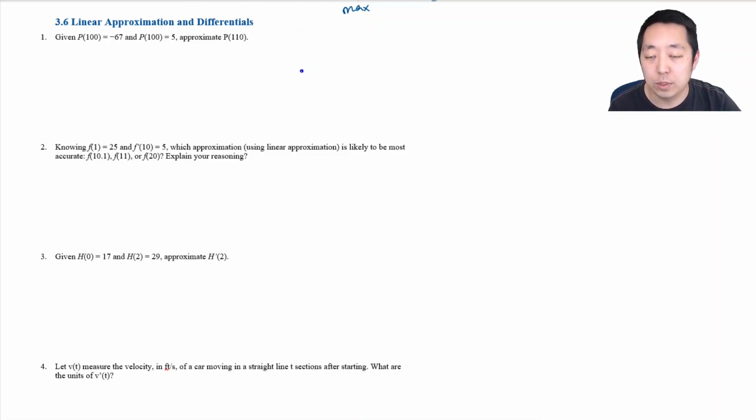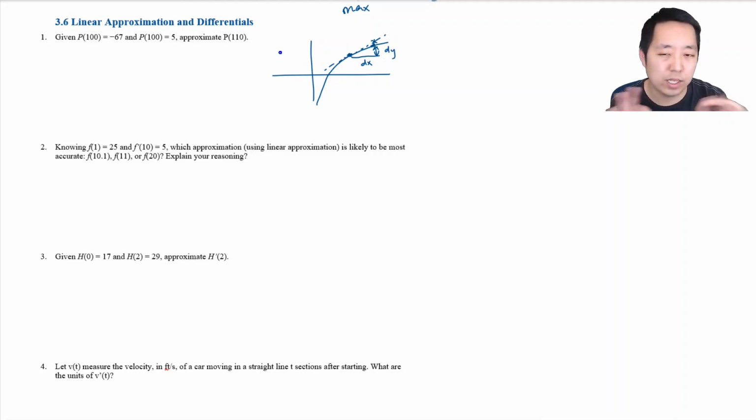So as an example, say I'm trying to estimate the value of a function, say around here. But I only know the derivatives and stuff about here. Well, I can use a linear approximation to estimate that value, say here. Or I can look at it similarly as a differential, like a change in x, a dx, and a dy. And so that's the basic idea of it. That's why they're very related and very similar ideas.